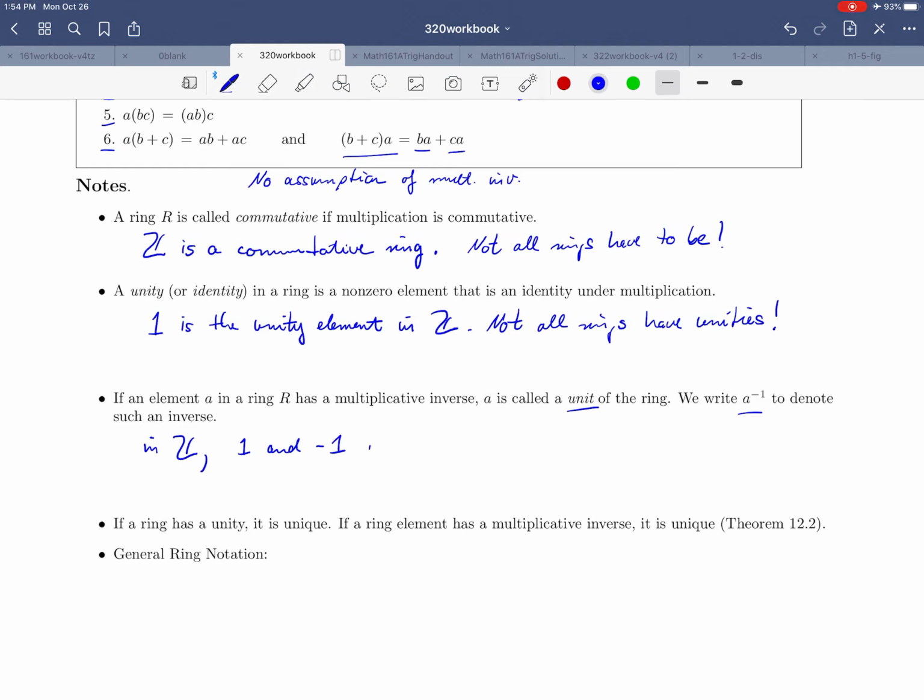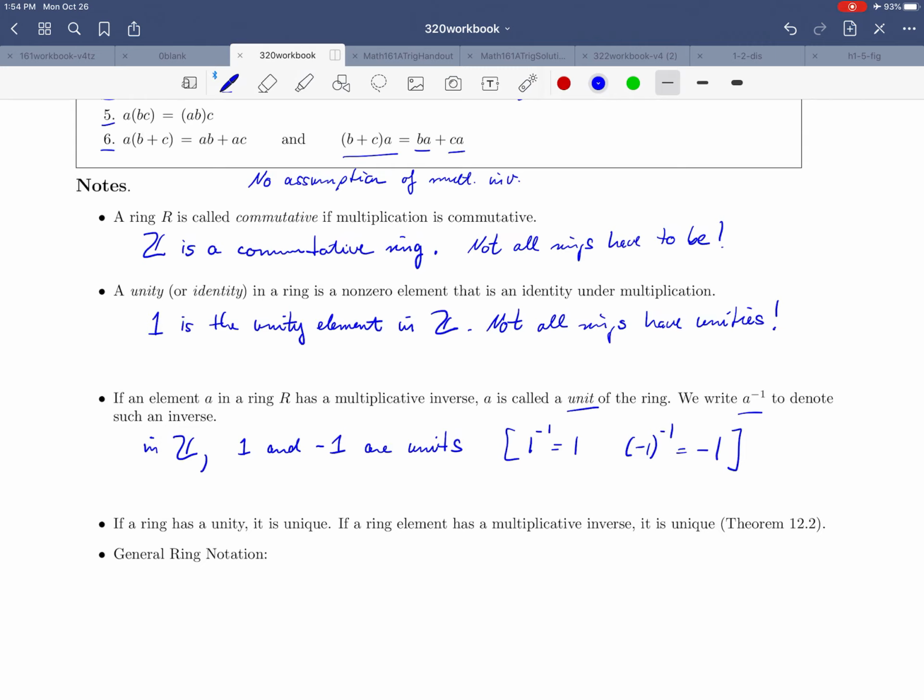They're the only ones. Our notation says that the multiplicative inverse of 1 is 1, and the multiplicative inverse of minus 1 is minus 1. So they are both their own multiplicative inverses.